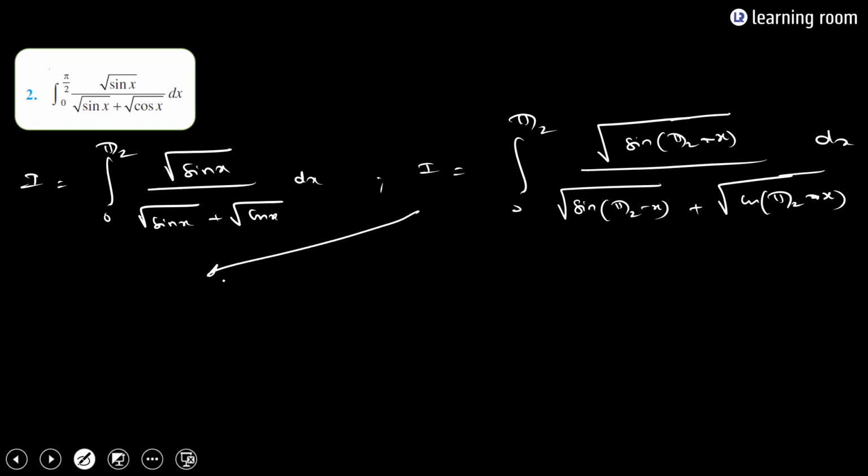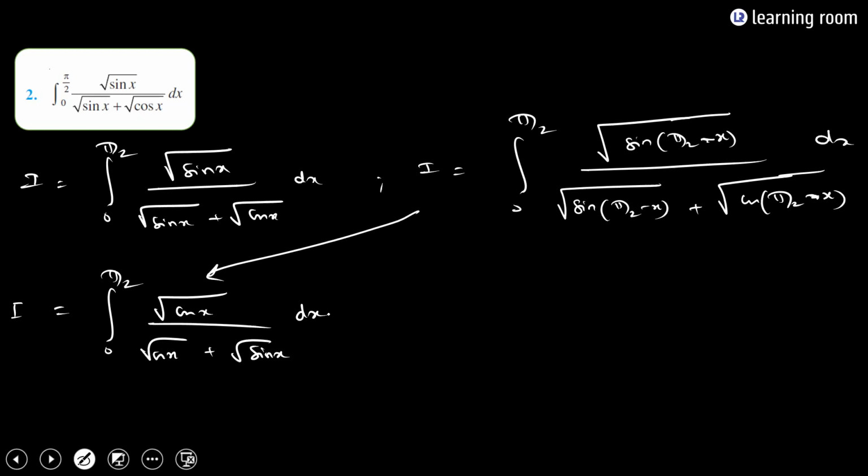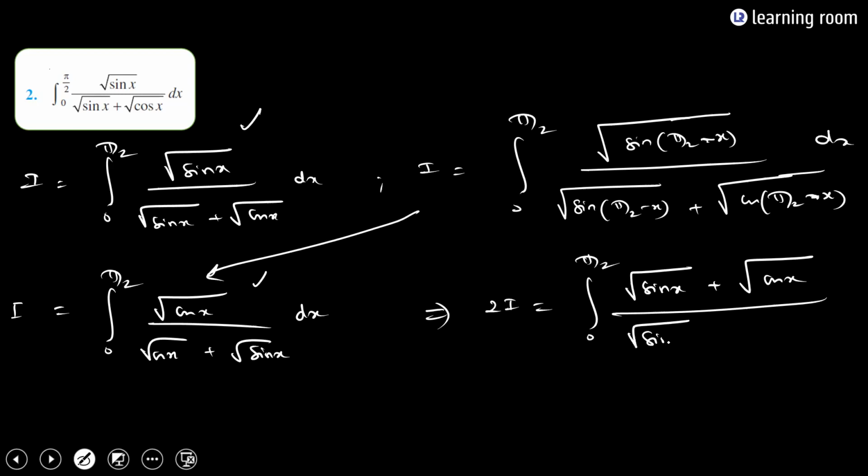So what will happen from here? I will be equal to integral of 0 to pi by 2 root cos x divided by root cos x plus root sin x dx. So when I add this integral and this integral, what do I get? 2I is equal to integral of 0 to pi by 2 of root sin x plus root cos x divided by root sin x plus root cos x dx.